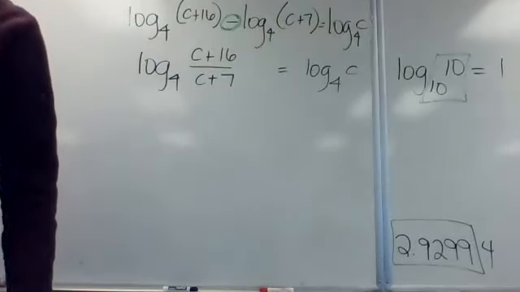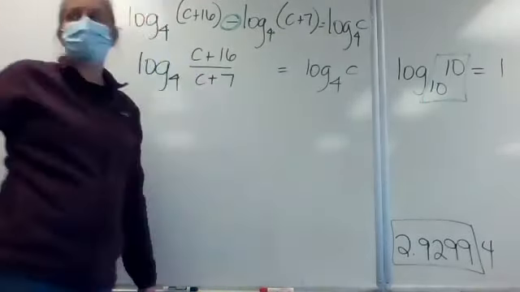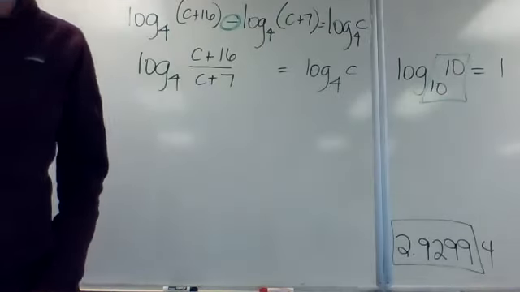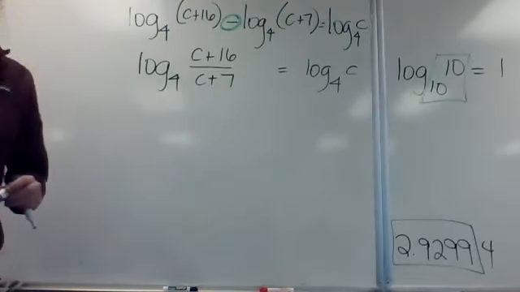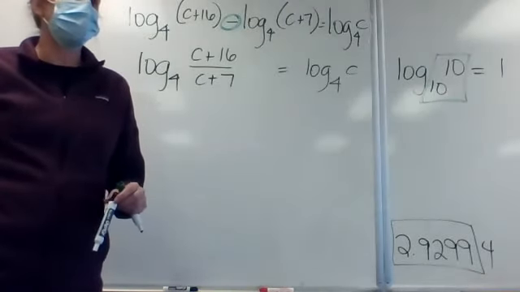So now we have something that we haven't seen before. Even though I simplified this side, I actually have logs on both sides, okay? Which actually makes this one easier because, remember, I can do anything I want to an equation as long as I do it to both sides.